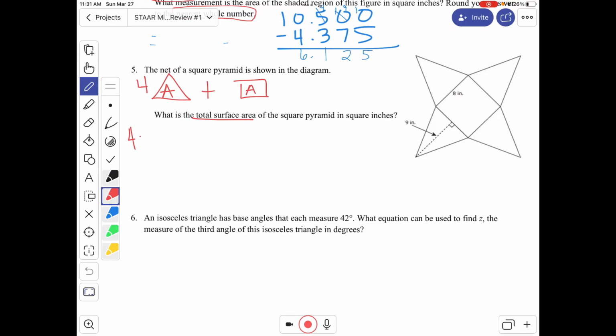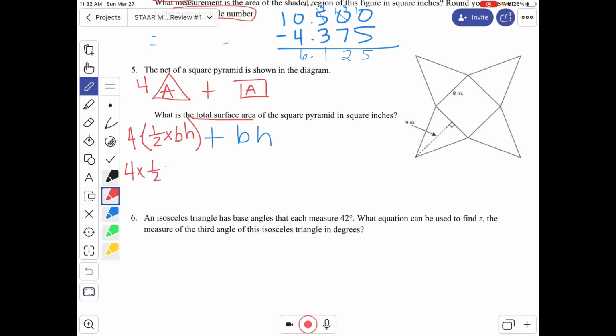So the formula for area of a triangle is 1/2 times base times height plus the area of the square, which is base times height. And then we plug in the numbers.